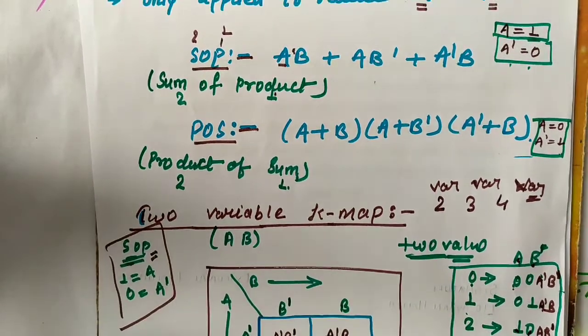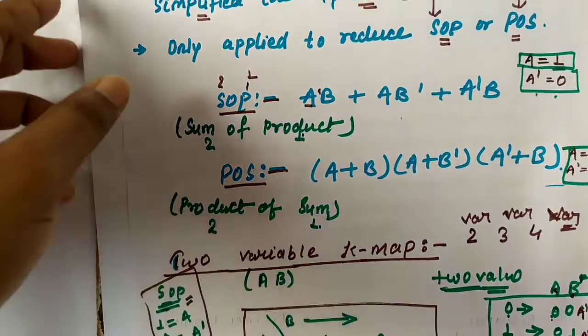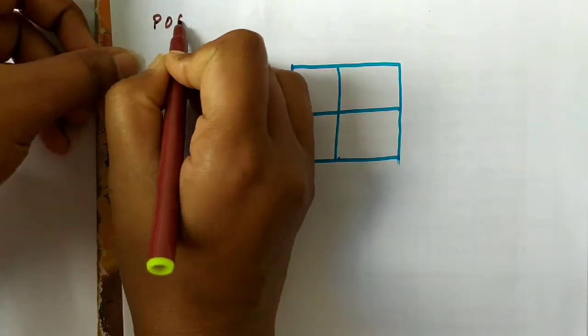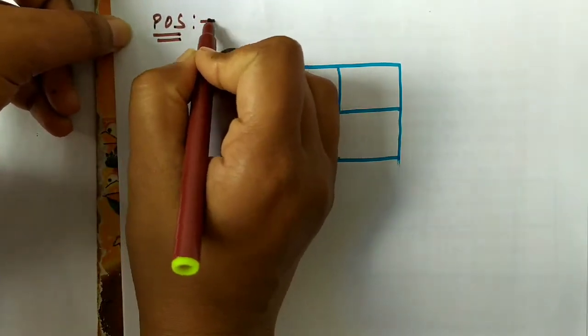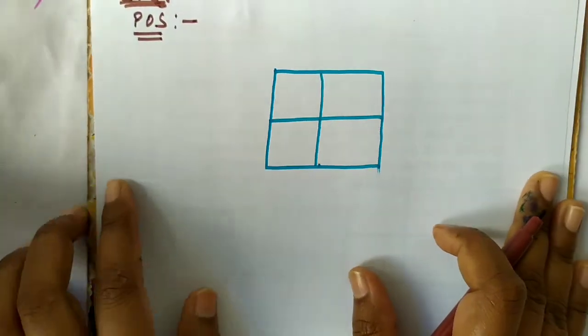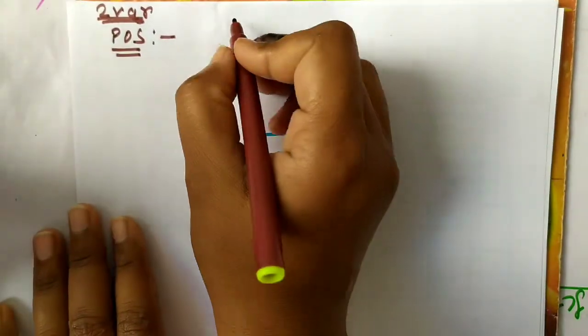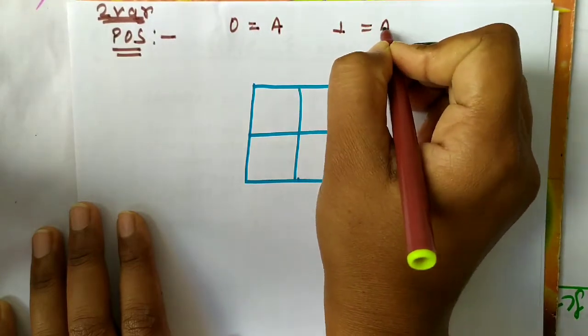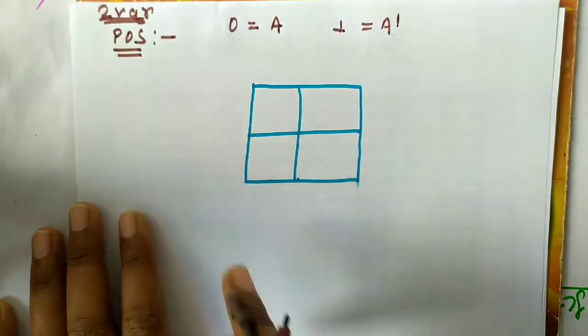Next we discuss 2 variable for POS. In the POS, 0 means A and 1 means A dash. The POS is different from SOP.